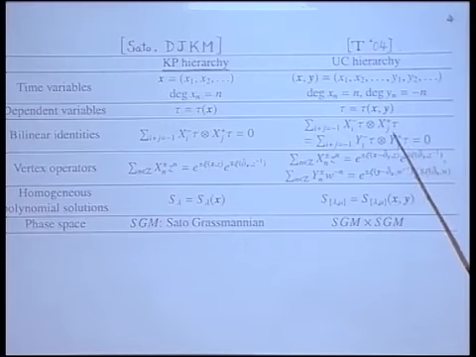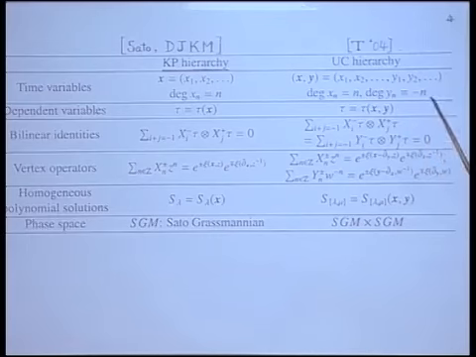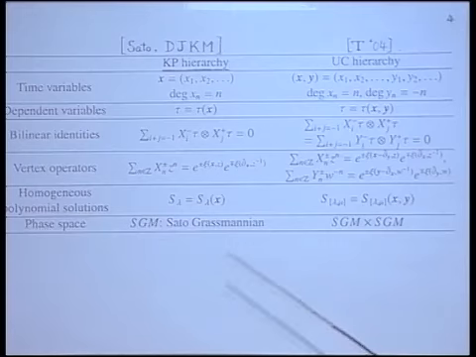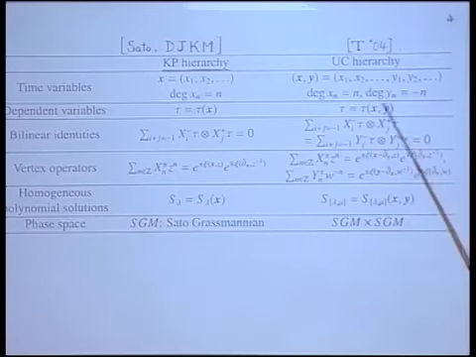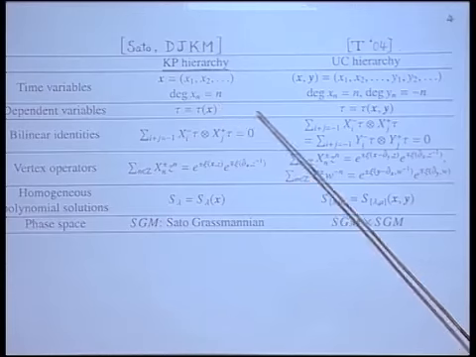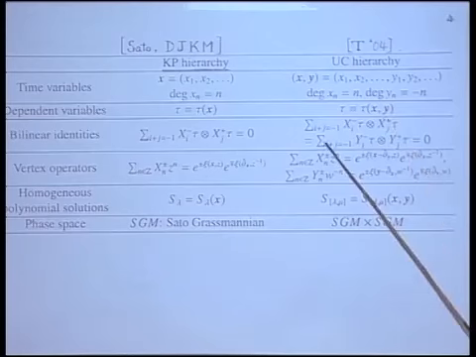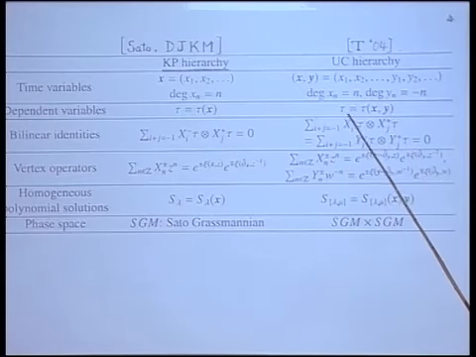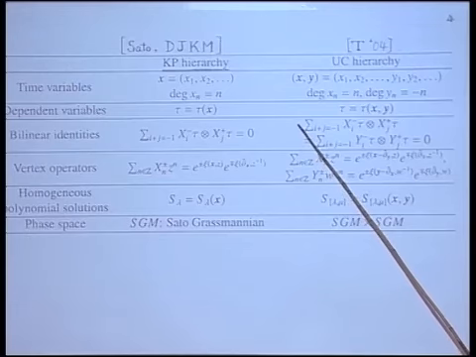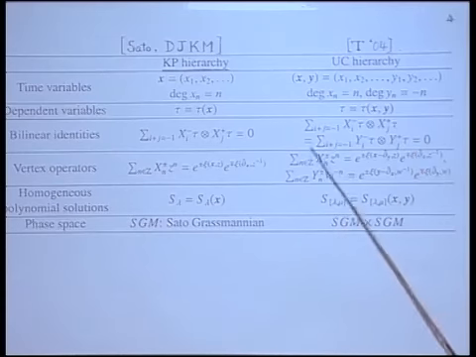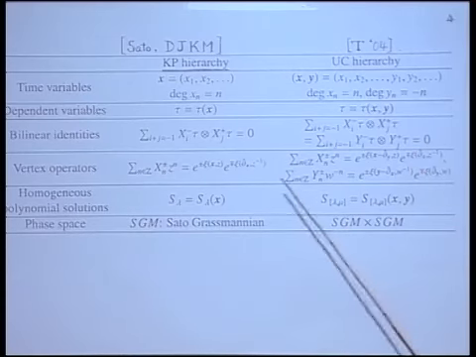And we set the degree of the y variables as minus n. As with the KP hierarchy, we can define the UC hierarchy by using only one function, and this time a system of bilinear identities defined here.